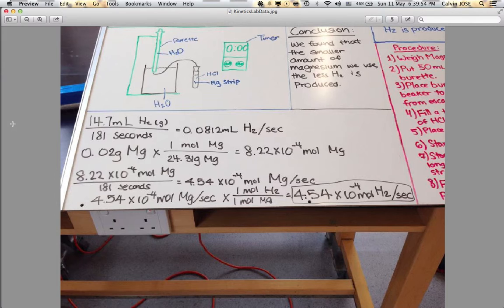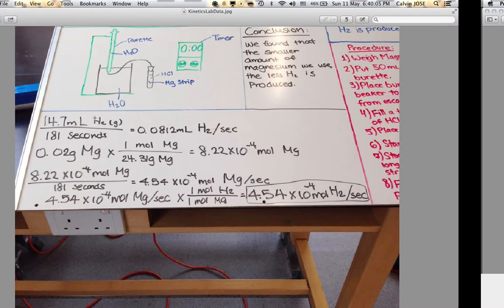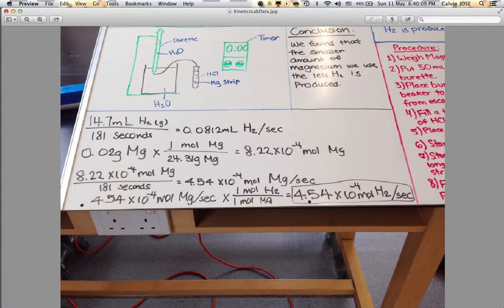And since it's a 1-to-1 ratio, the final answer to find the amount of moles of H2 gas was 4.54 times 10 to the negative 4th power moles of H2 gas per second.